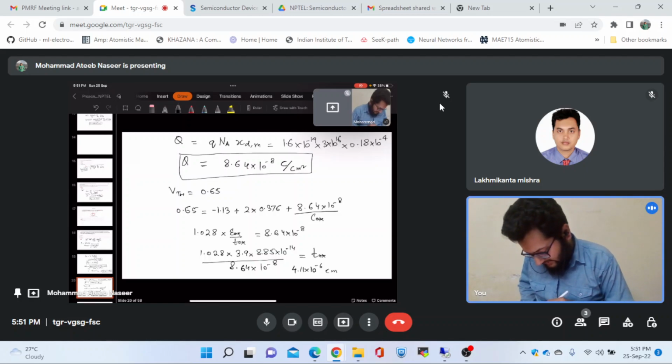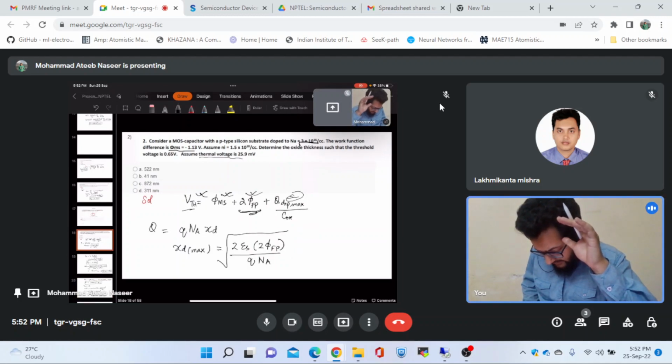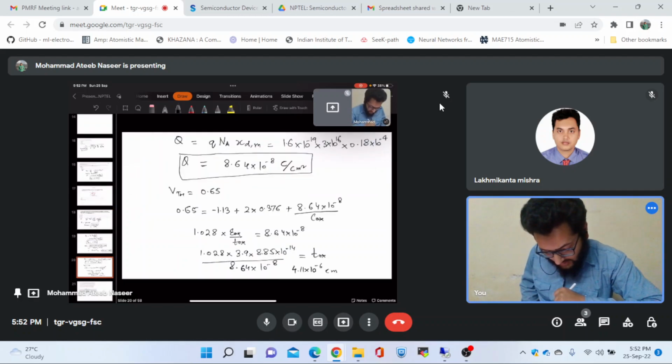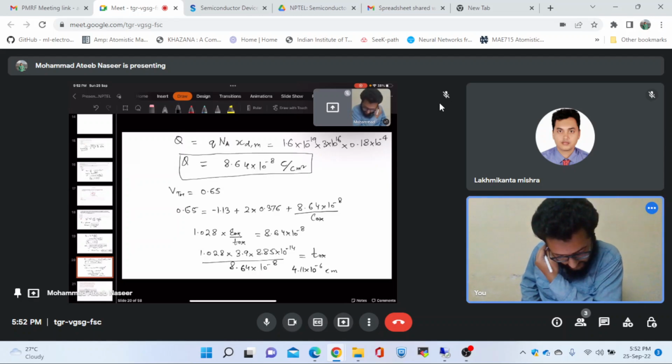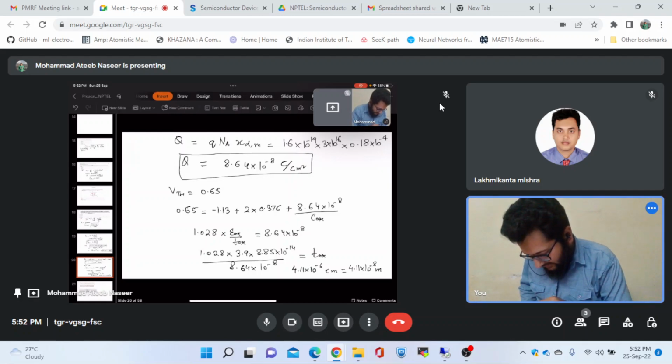So let us check our options. There is nothing like 4.11. Oh, it's in nanometer, so I have to convert this into nanometer. It would imply 4.11 into 10 raised to the power minus 8 meter, just doing the unit conversion.